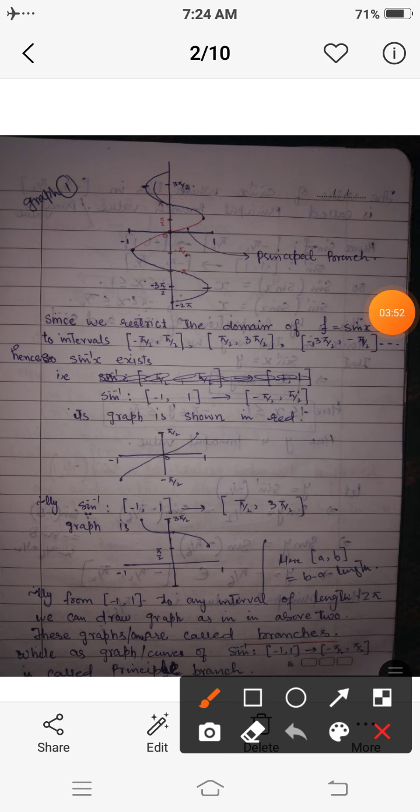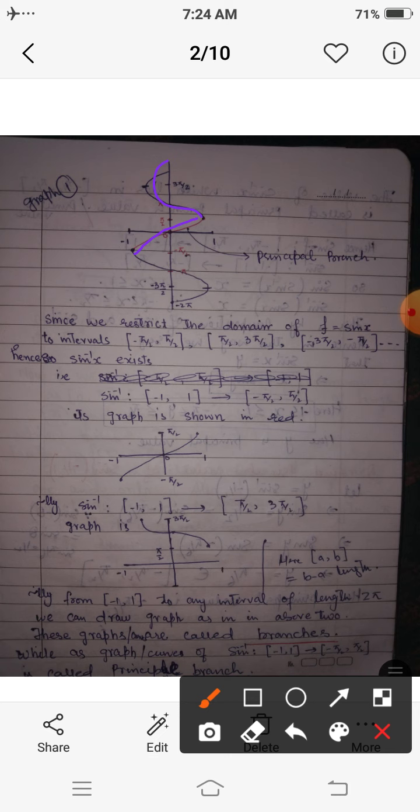But here we will consider only the interval minus pi by 2 to pi by 2. In each interval we get a curve, and in the interval pi by 2 to 3 pi by 2 we get this curve. These curves are simply called branches.